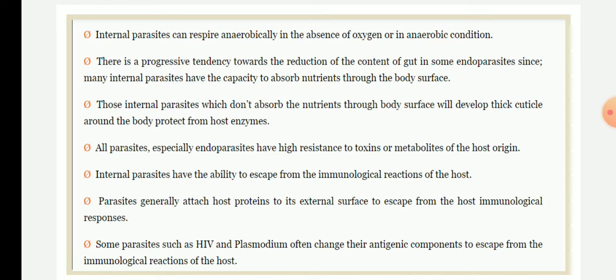This breaks down and forms carbon dioxide, and along with that it also produces fatty acids as the end product. When oxygen is available, they may exhibit aerobic respiration. So the parasite has adapted for both modes of respiration, anaerobic as well as aerobic.